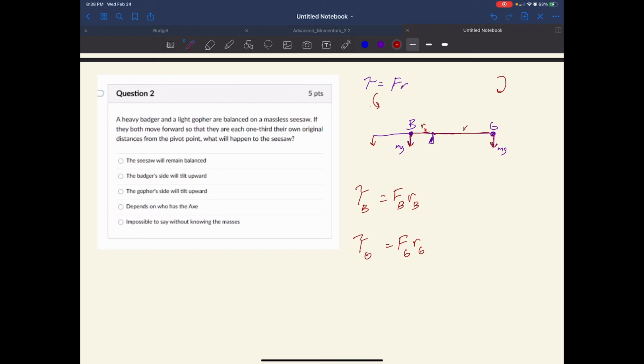So we'll call this R sub G. These two torques have to be equal because that's what the problem says, it's balanced. So you know that these things have to be equal. This is how we're going to write it.